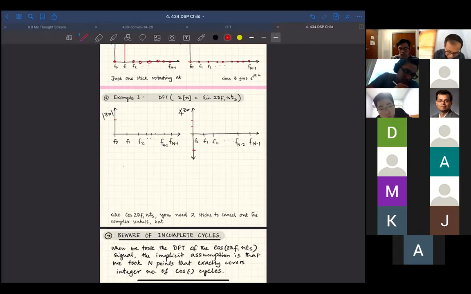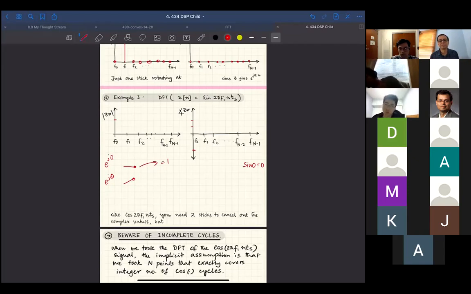So if you start a stick like this, this is your e to the power j0. If you start a stick like that, and then you do e to the power j theta, but your first sine value, which is sine 0, is 0. But this one is equal to 1. So your first value itself is not matching.